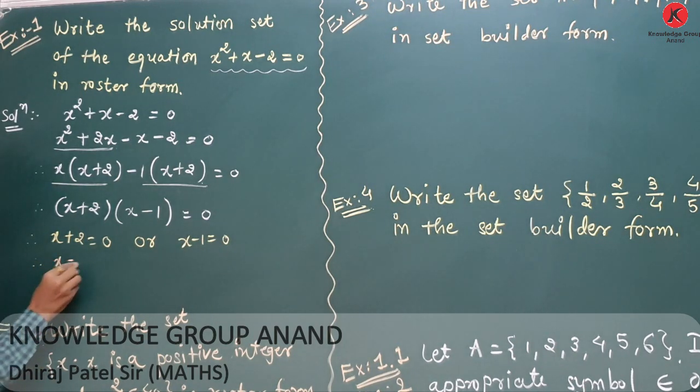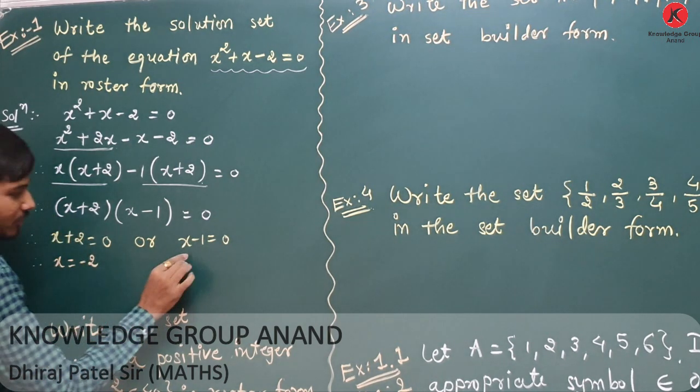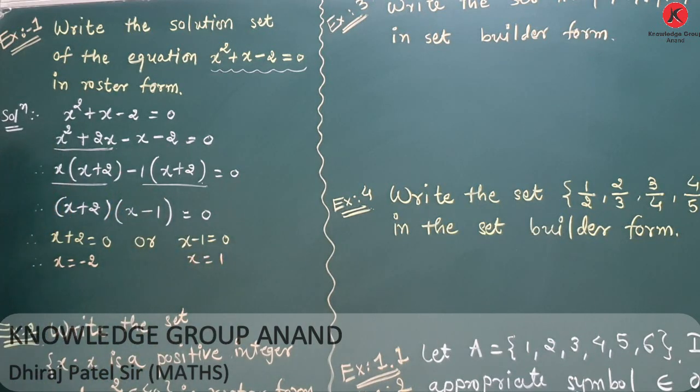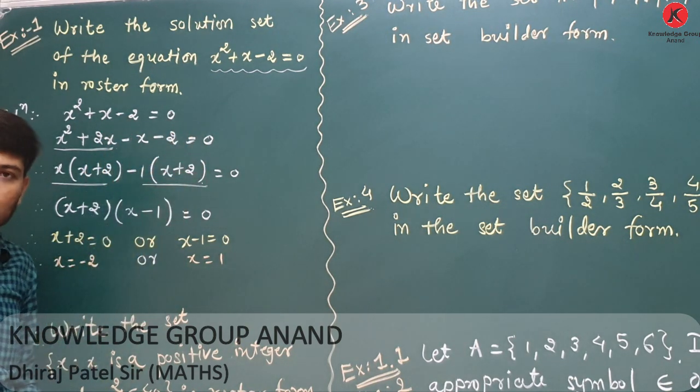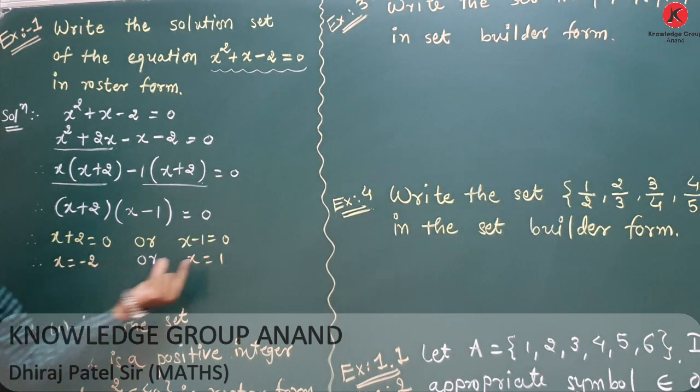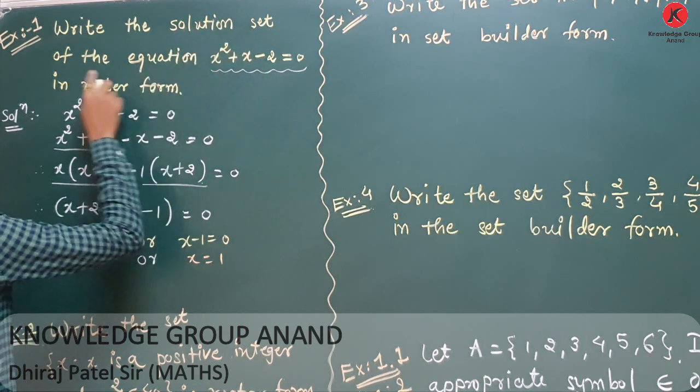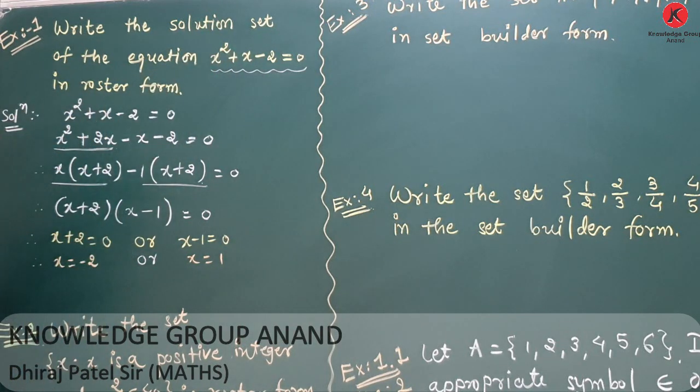Therefore, the value of x equals minus 2 or the value of x equals 1. Therefore, the solution set of the equation x square plus x minus 2 equals 0 is minus 2 and plus 1. Now, we have to write the solution set in roster form.